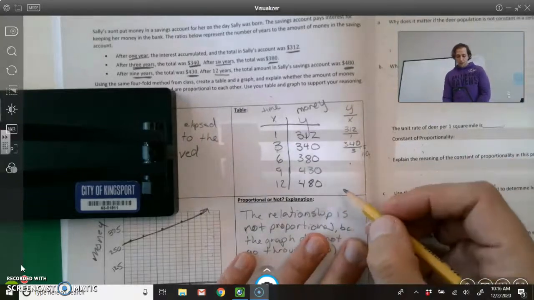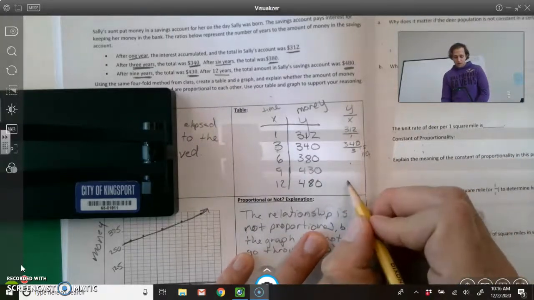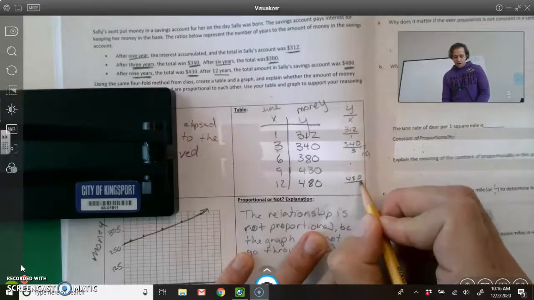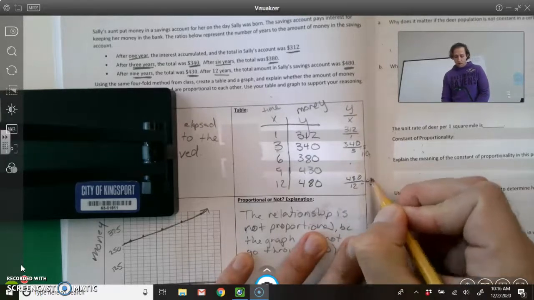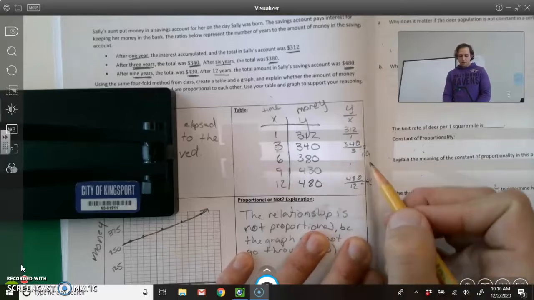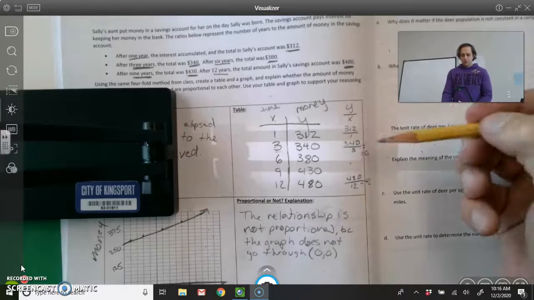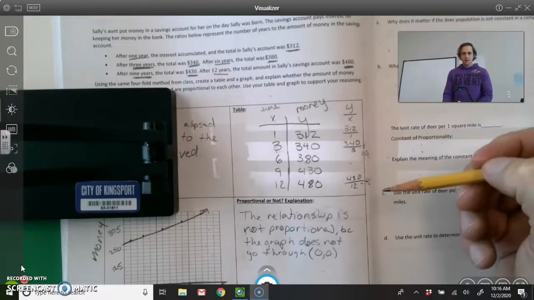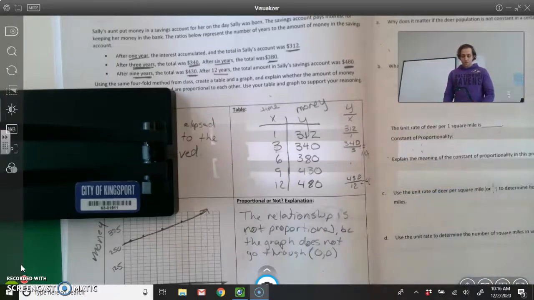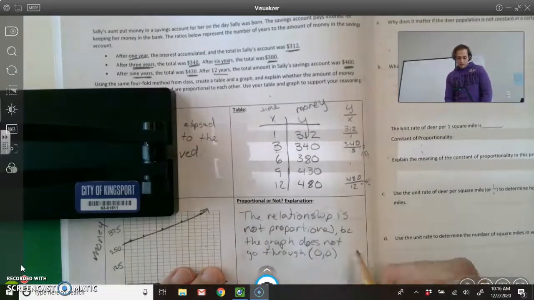Come down here, 480 divided by 12. That one's actually kind of easy. 480 divided by 12, that's 40. So this is 40, this is 312, this is 110, 115 or so. Y over x is not giving me a constant, and that means it's not proportional. So I could actually add another sentence.